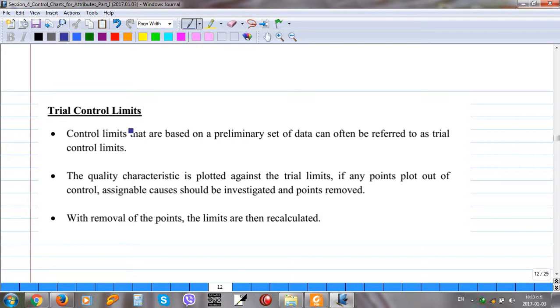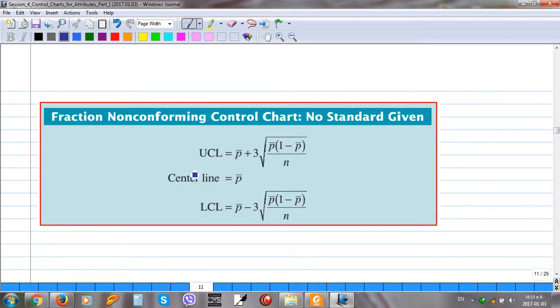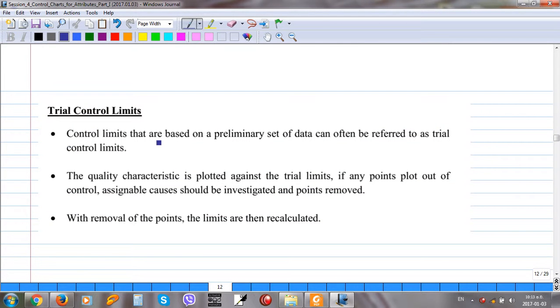When we find these control limits, we call them trial control limits. Control limits that are based on the preliminary set of data are referred to as trial control limits. The quality characteristic is plotted against the trial limits. If any point plots out of control, assignable causes should be investigated and the points removed.